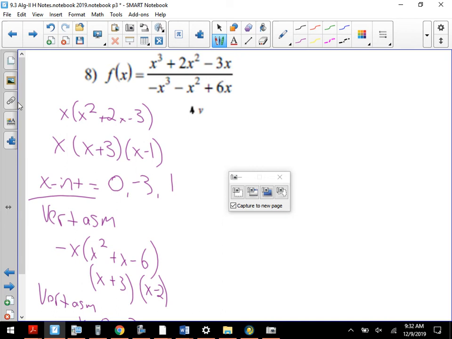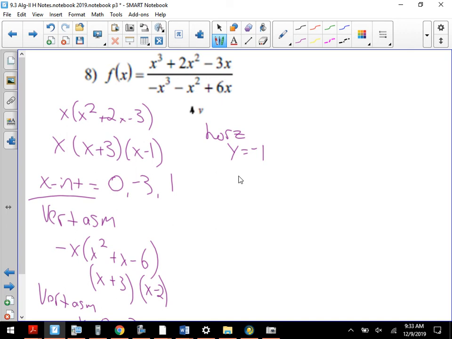Our degrees are the same in the numerator and the denominator, so my horizontal asymptote is going to be at -1. Very good. So our last bit is the horizontal asymptote at y equals -1. It's the leading term coefficients, so it's 1 over -1. Whenever the degrees are the same, that's how you get your horizontal asymptote.